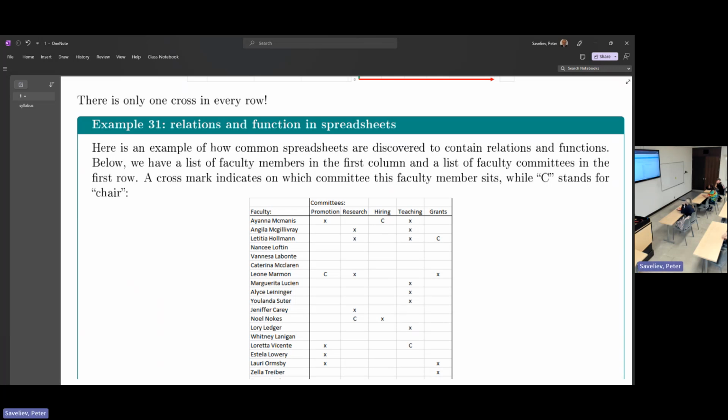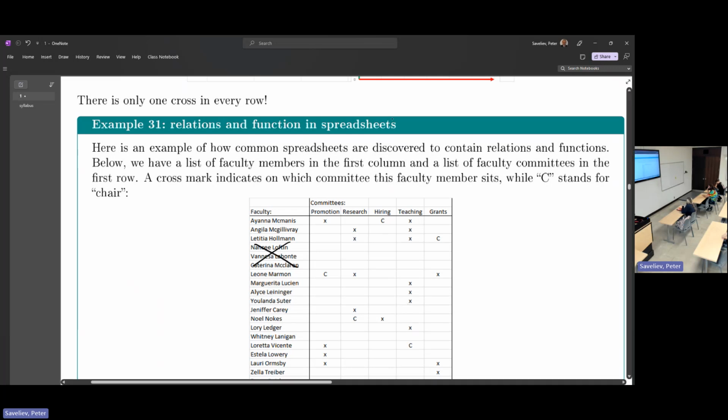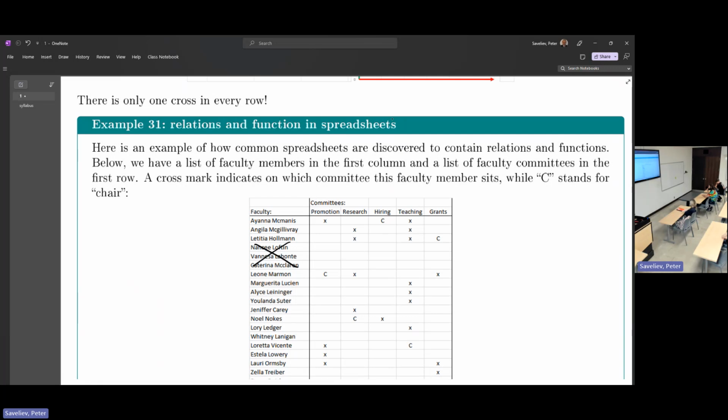Well, what you're saying is let's throw out people who are not on any committee, and then we can make what? Suppose we do, where's the function? You still have multiple answers, multiple outputs for the same input.